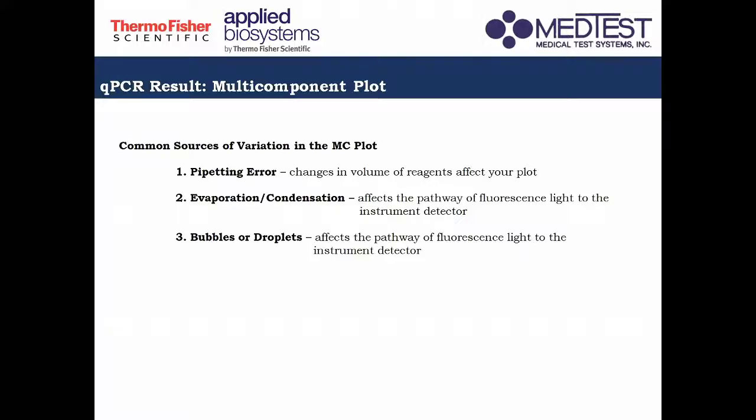So aside from evaporation, we have the bubbles or droplets. So ito din yung isa sa problema. So sa MC plot, nakakakita tayo ng pangit na curves because some of the samples have bubbles in the liquids, no? And this will also distort the way that the instrument will monitor the PCR run. So we would want to avoid that.